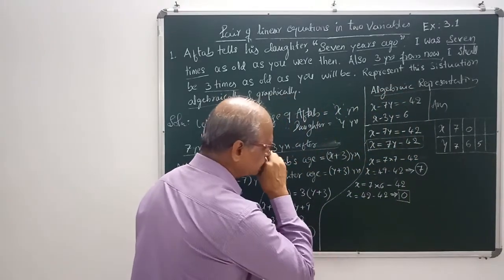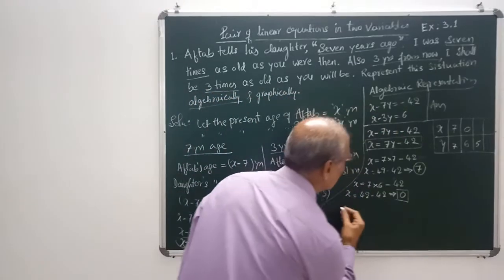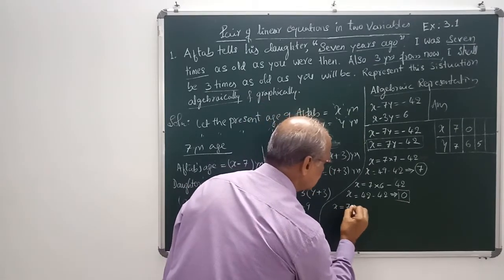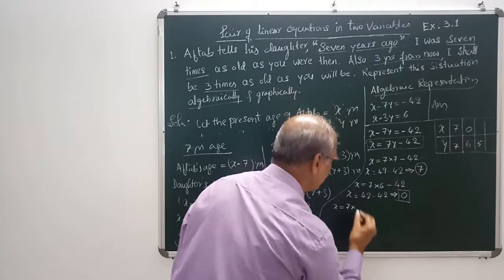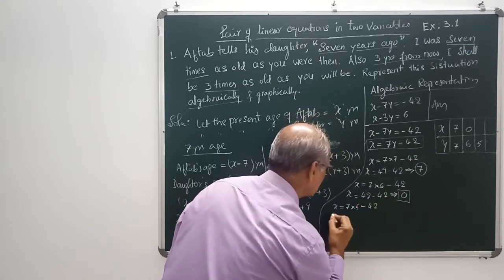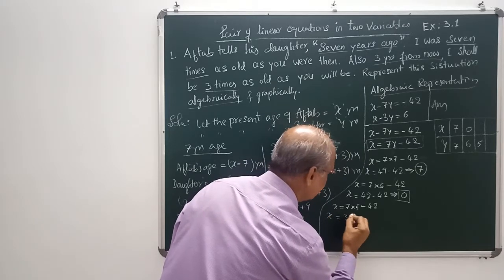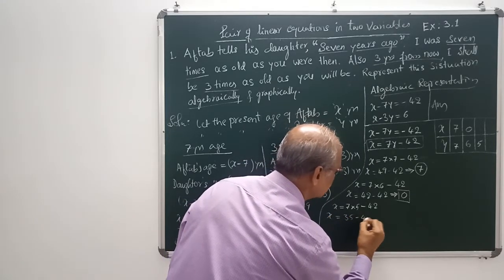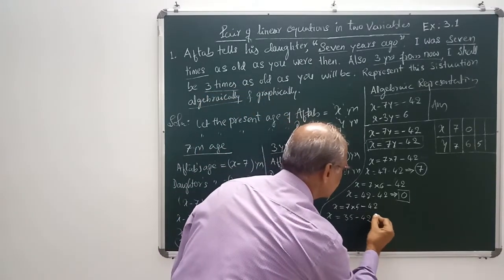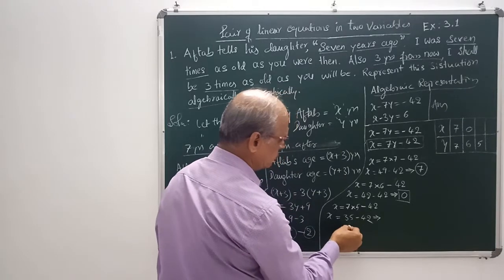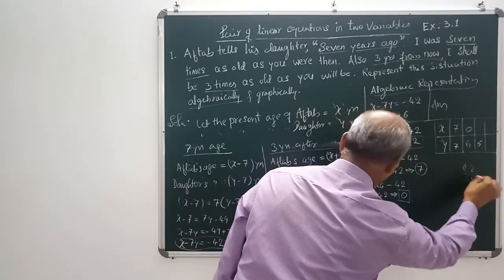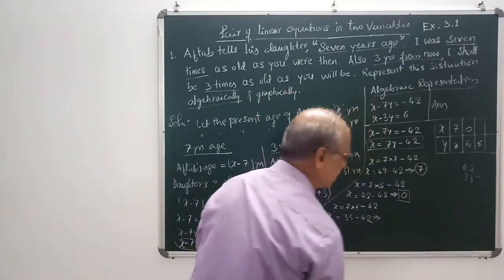That means here x is equal to 7 into, what is the y value this time? 5, minus 42. x is equal to 35 minus 42, right? So what is the answer here? 42 minus 35 is 7 again, understood?